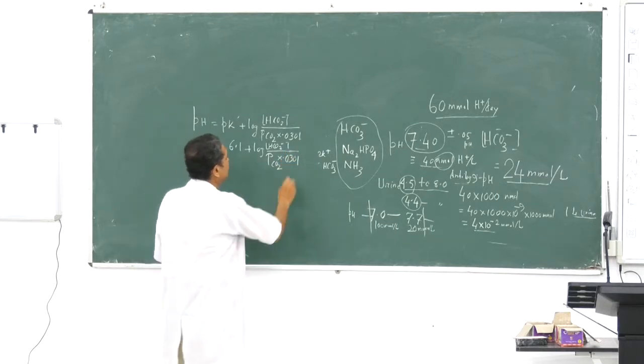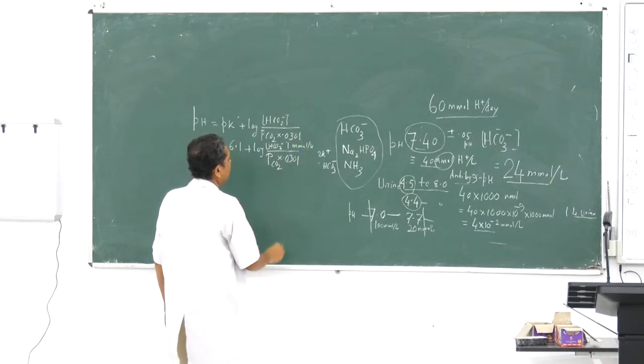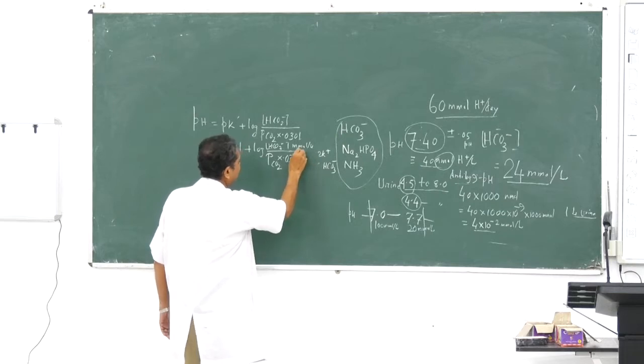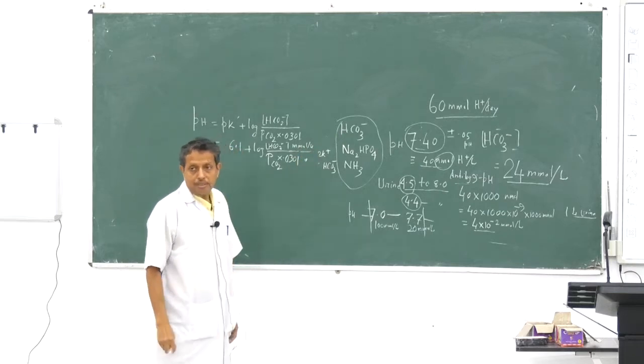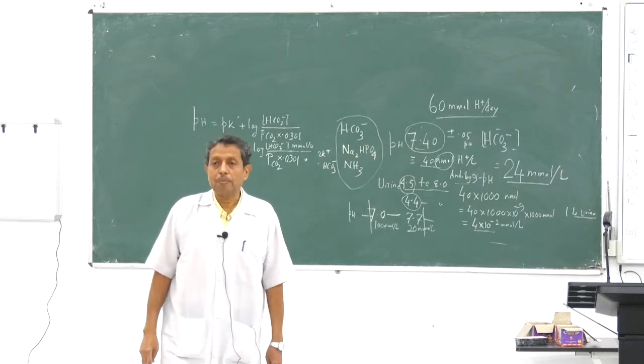These are expressed in millimole per liter, and this total is also expressed in millimole per liter. This is the Henderson-Hasselbalch equation of bicarbonate buffer.